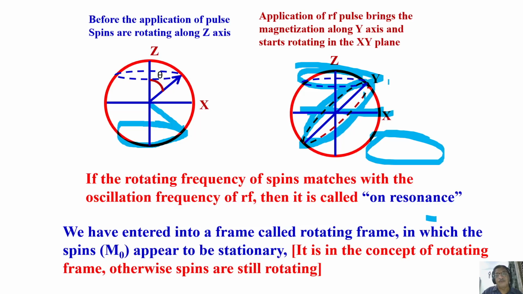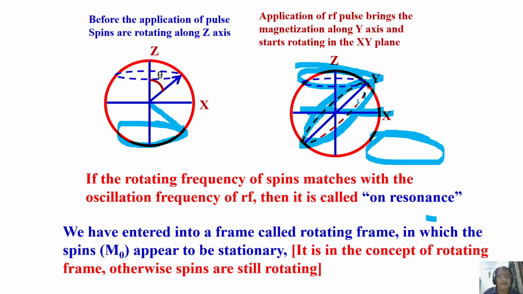This is a rotating frame of reference. When you move to that frame of reference, for you the spins are stationary. It is only a conceptual understanding, but don't be under the impression that spins are not spinning. They are spinning. But conceptually, mathematically, you can understand it this way. When you are sitting here, you won't feel it as moving, whereas when you are here, you can see the motion.